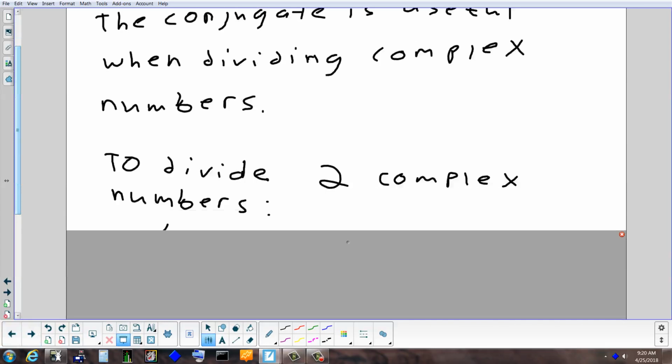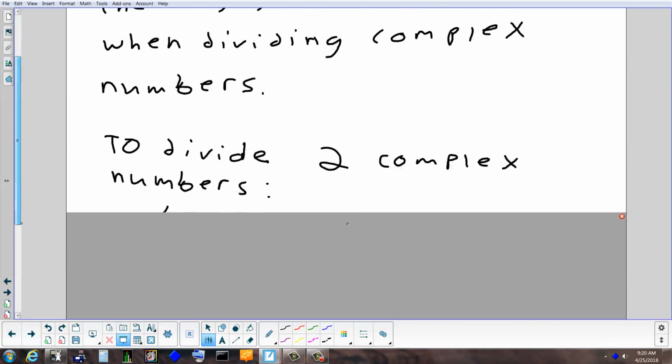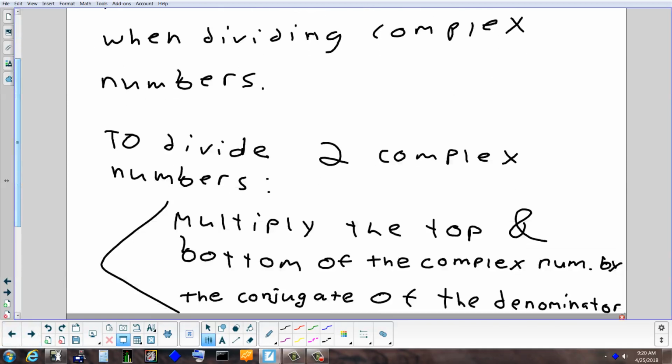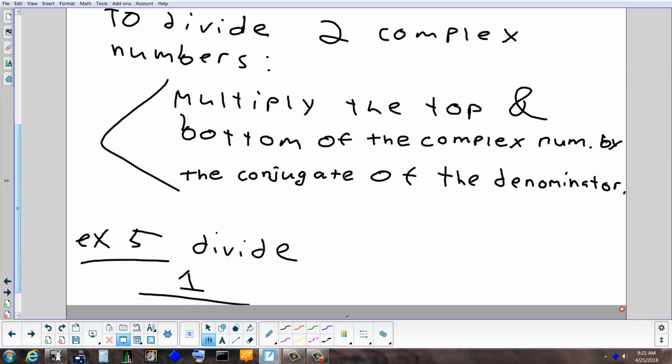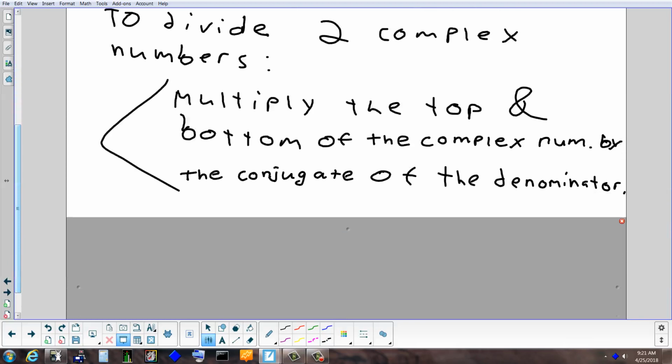So, to divide two complex numbers, multiply the top and the bottom by the conjugate of what's in the bottom.